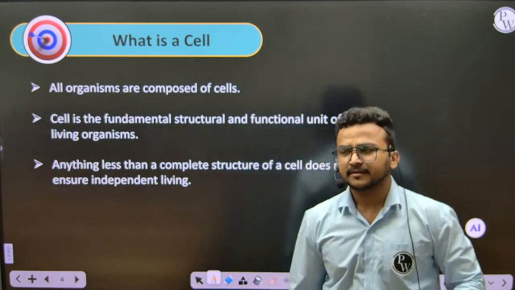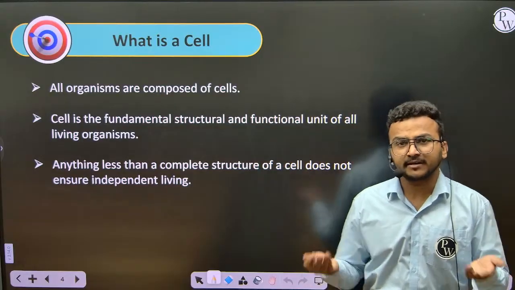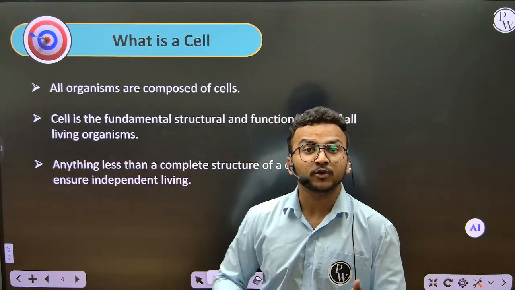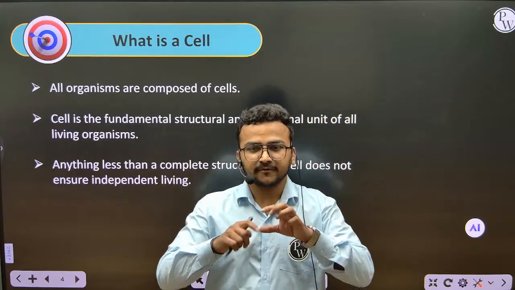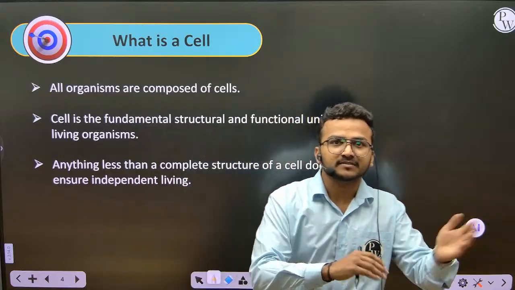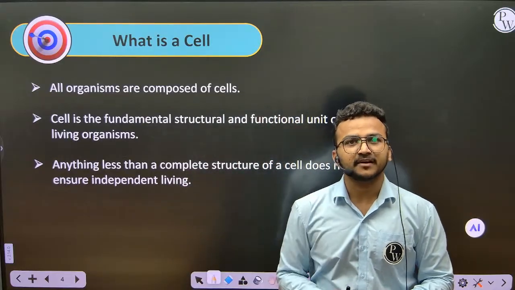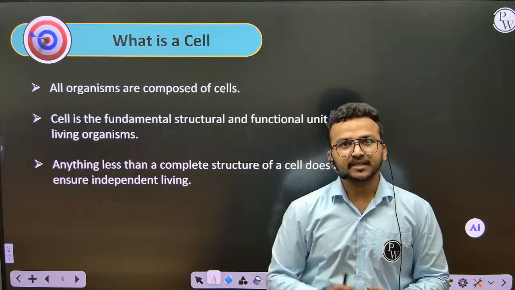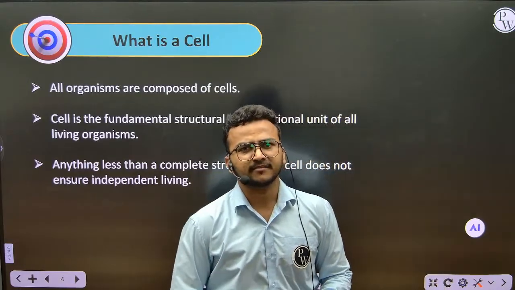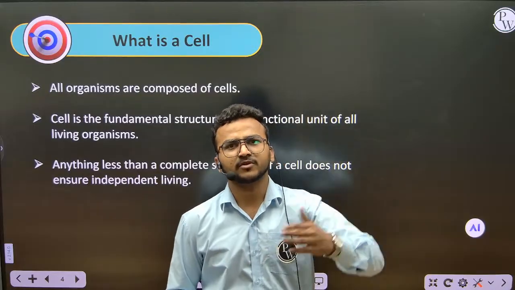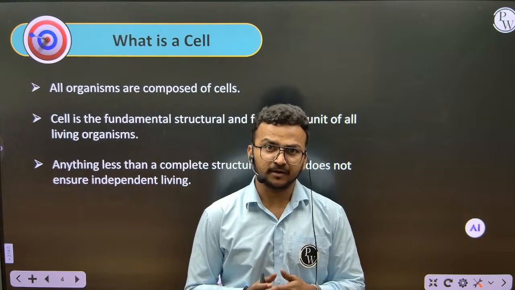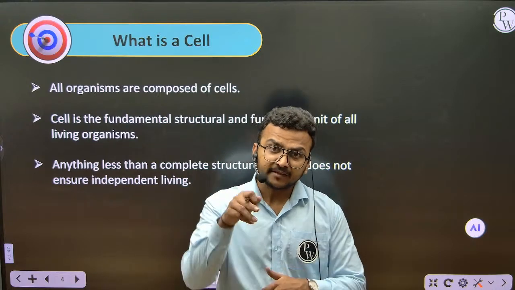For example, in us, to pass signals there are nerve cells, neurons, which have a long and branched structure. To transport oxygen and carbon dioxide, there are RBCs, which are biconcave in shape. So in us there are different types of cells and functions. With respect to the functions, cell shapes and sizes differ. That is about multicellular organisms.